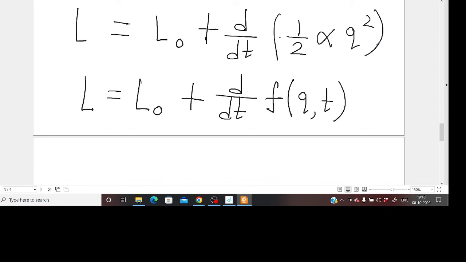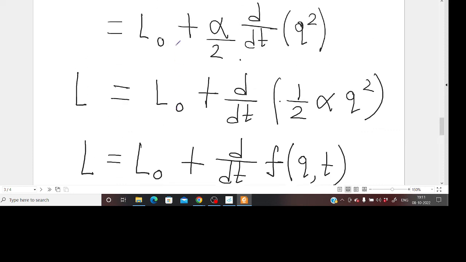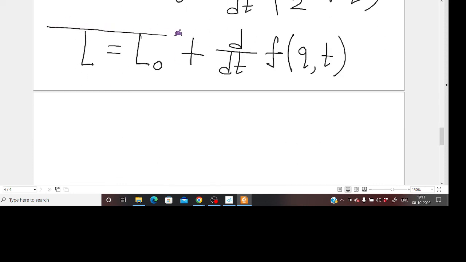And here this function f should be a function of generalized coordinate and time, and here the function f is half alpha q square, so this is a function of generalized coordinate only. And here we have d dt, the total time derivative. So this thing is satisfied, right? So the equation of motion remains same as the Lagrangian is of this form.